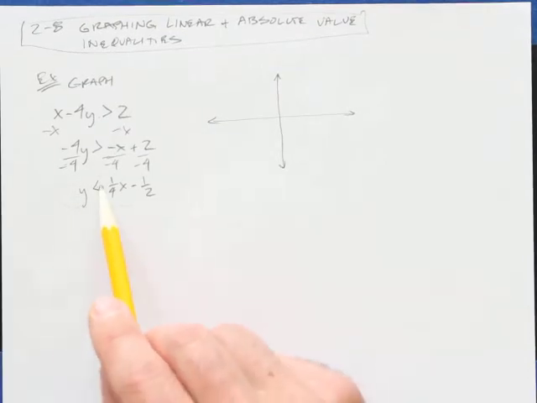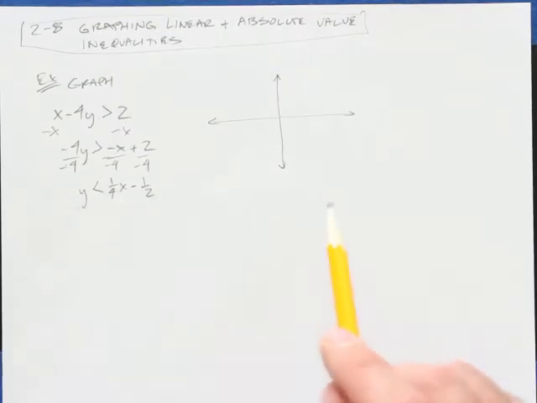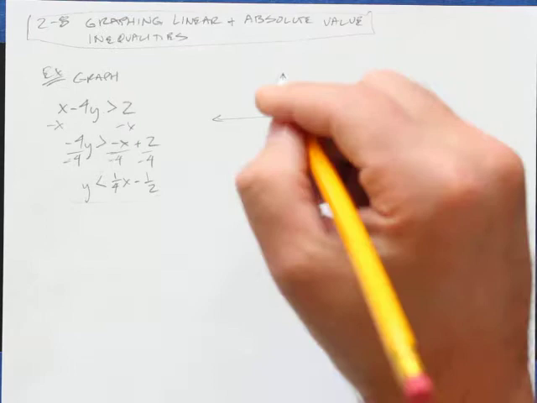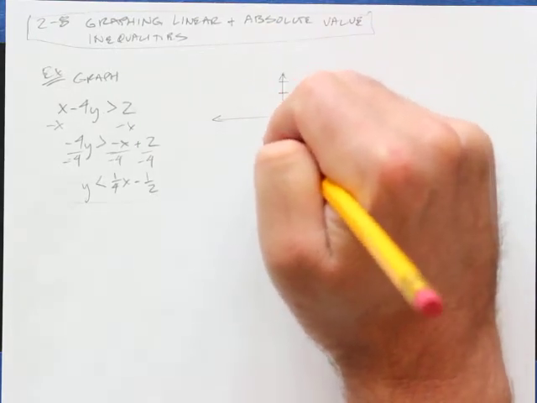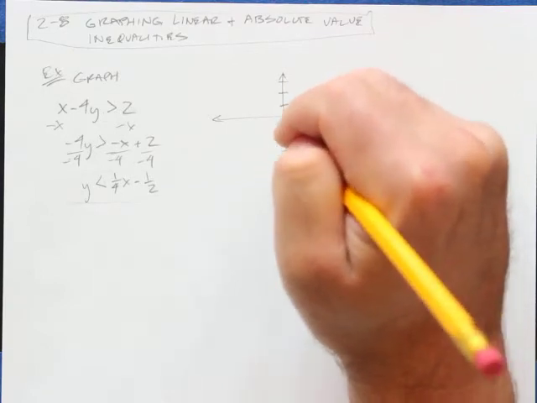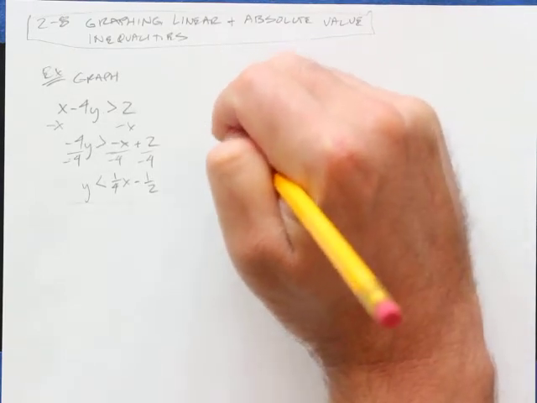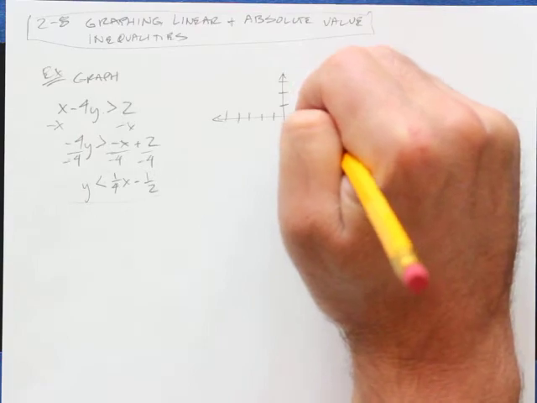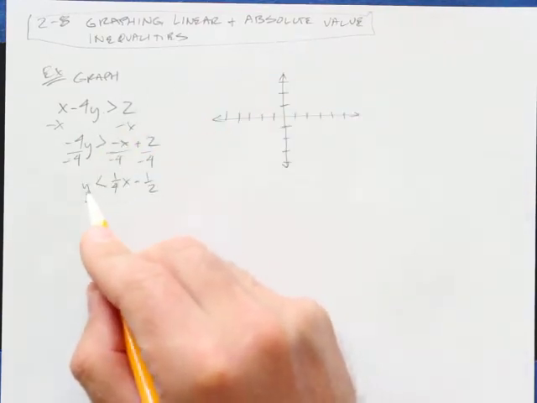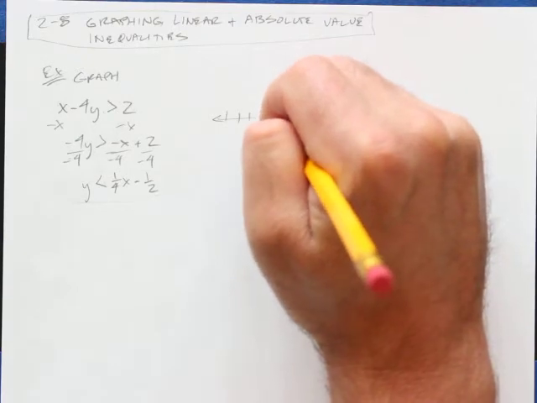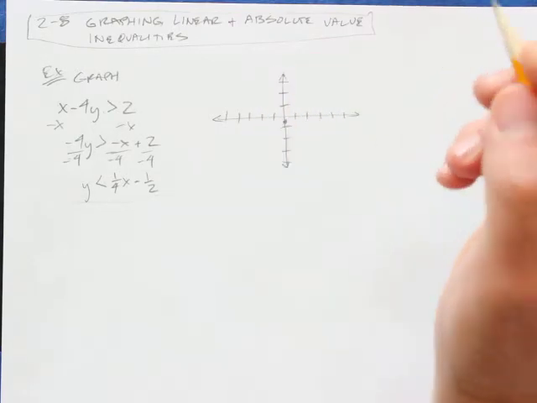There's my y equals mx plus b form here. And so I'm going to make some marks on my graph. Here's my coordinate plane. When x is 0, y is negative 1/2. So that means I have a point right there.